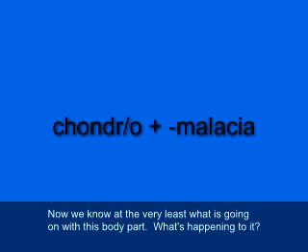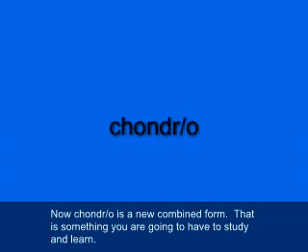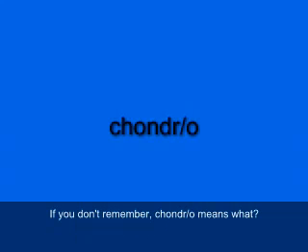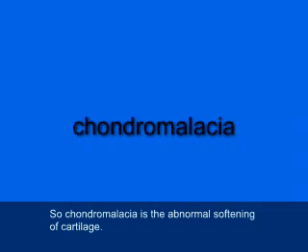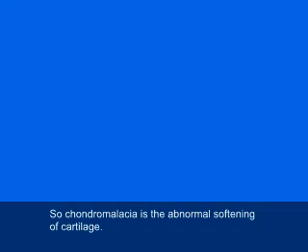Now, we know that at the very least, what is going on with this body part? What's happening to it? I hope you thought it's softening, because malacia means abnormal softening. Now, chondro is a new combining form, and that's something you're going to have to study and learn. And if you don't remember, chondro means what? It means cartilage. Okay, so chondromalacia is going to be the abnormal softening of cartilage.